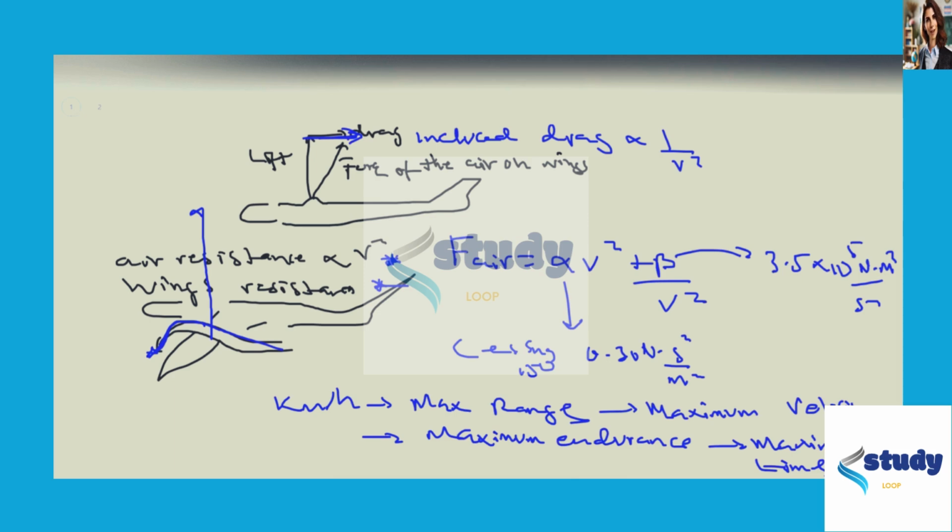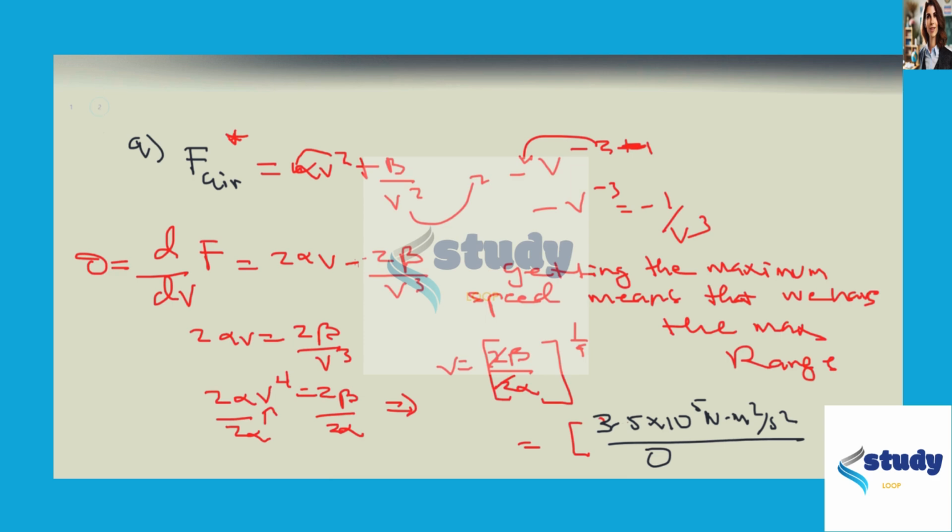Beta is given as 3.5 times 10 to the 5, and then alpha is given as 0.30 Newton second squared per meter squared, and all of that is raised to the 1/4 power. And then when we simplify that, we end up with the solution in meters per second, which is approximately 33 meters per second.